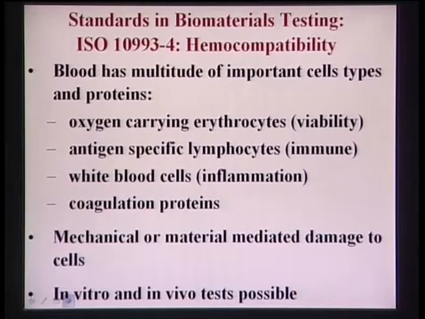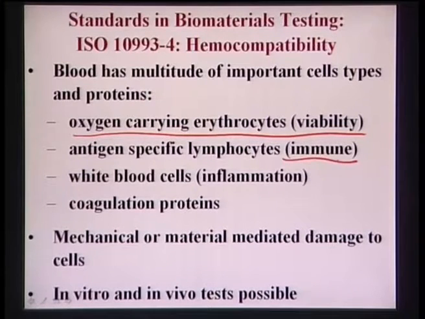So, first, blood is considered as a tissue in the sense that blood also contains a large number of cells, and these cells present in the blood, as well as a number of proteins, perform certain specific functions. The first one is the oxygen carrying capacity, and that gives the viability property. Then antigen specific lymphocytes give the immune response.